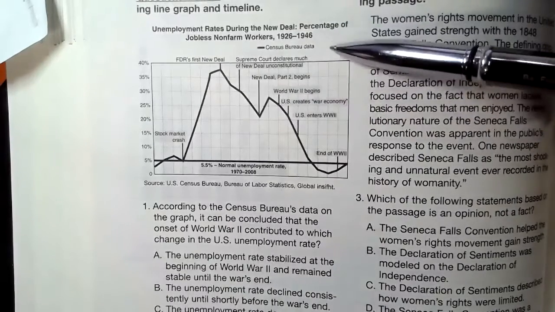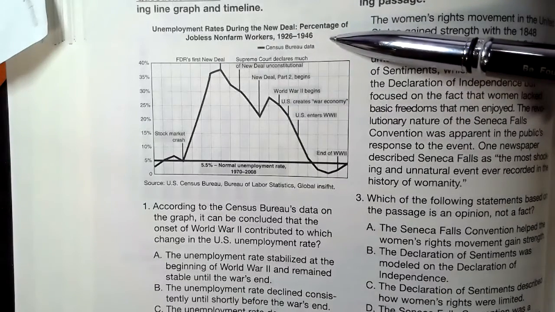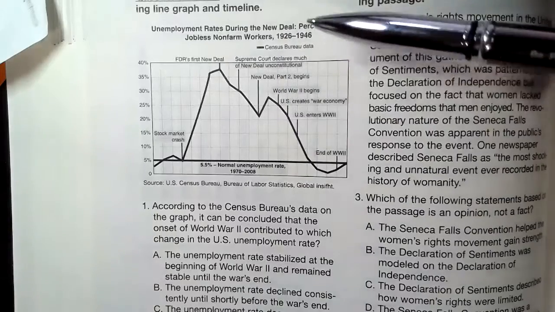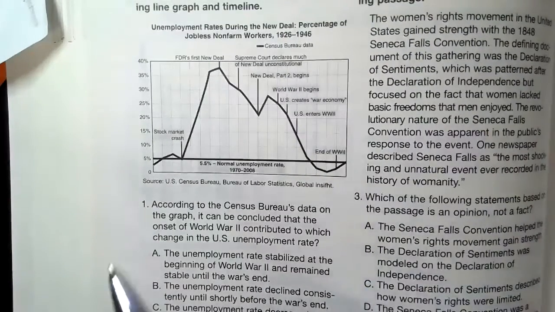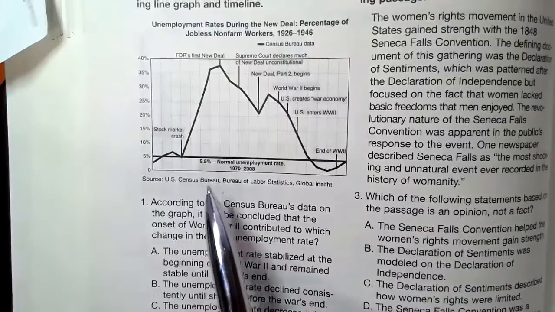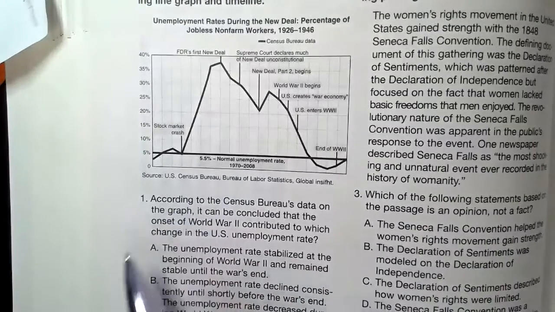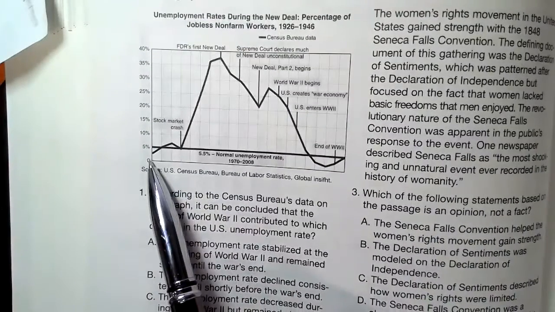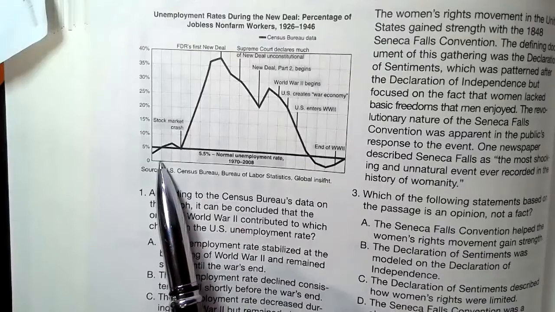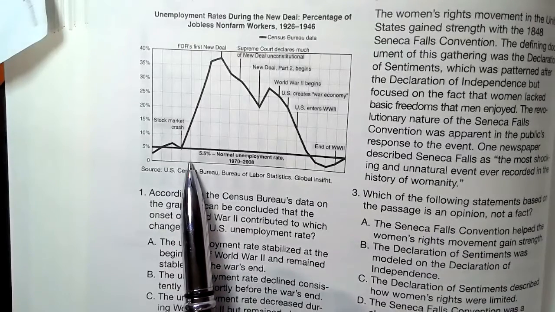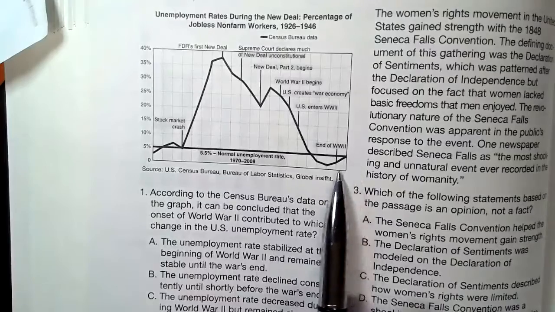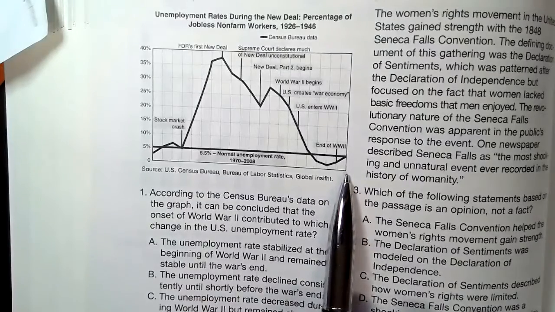All right, this is unemployment rates during the New Deal, percentage of jobless non-farm workers, 1926 to 1946. Now, what's interesting about this, they haven't labeled down here the years. You have to realize that the first line is 1926, 27, 28, 29, 30, and so on, all the way to 1946.